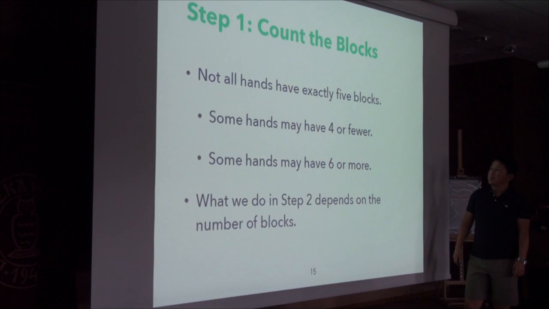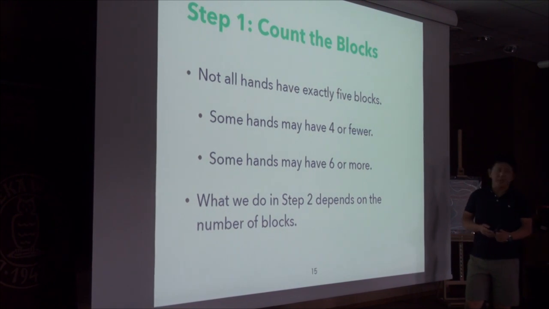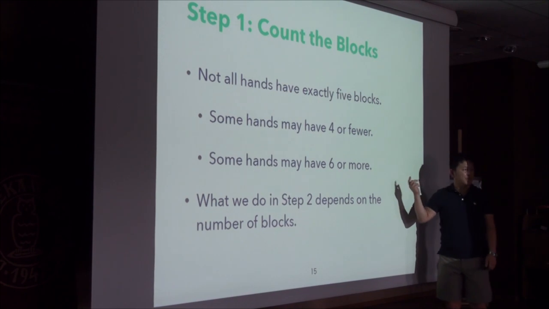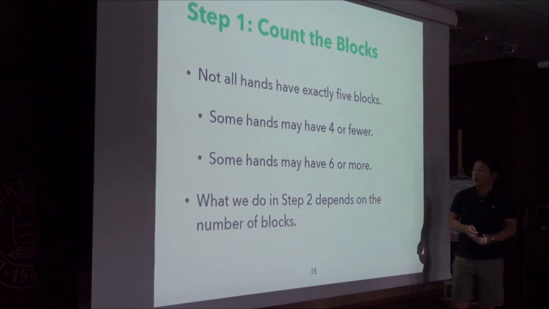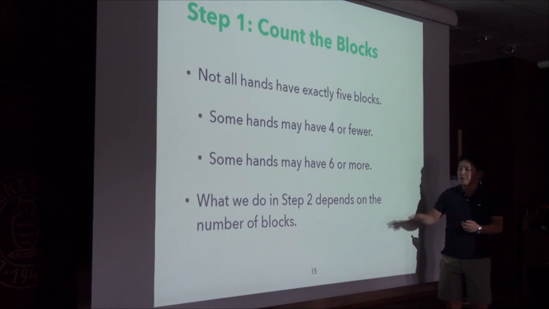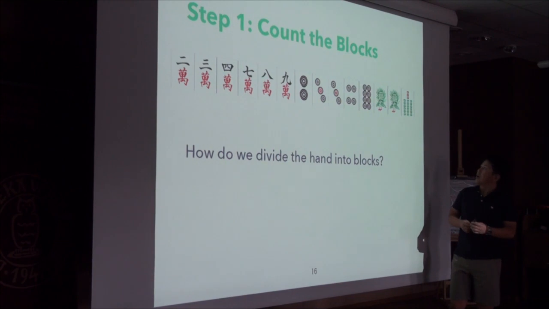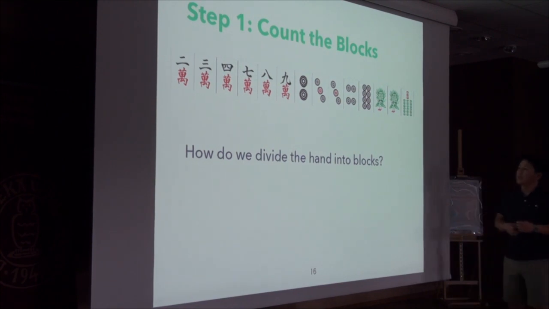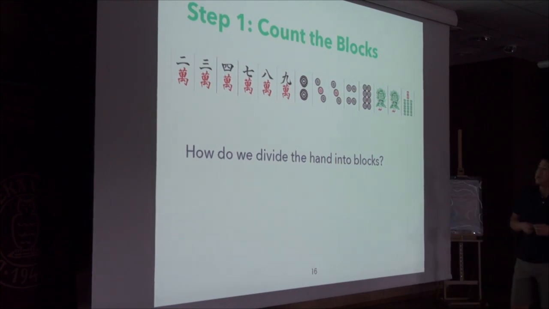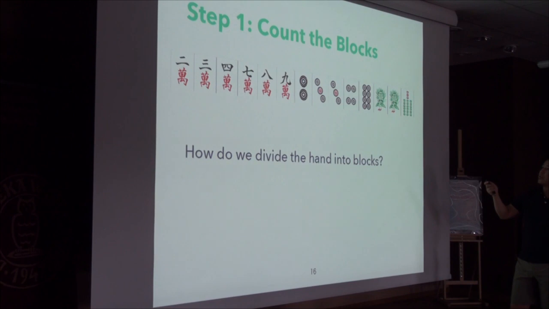So not all hands have exactly 5 blocks. Some hands may have 4 or fewer, some hands may have 6 or more. So what we do in step 2 depends on the number of blocks in a hand. Right? Again, how do we divide a hand into blocks, and how many blocks are there? 5.